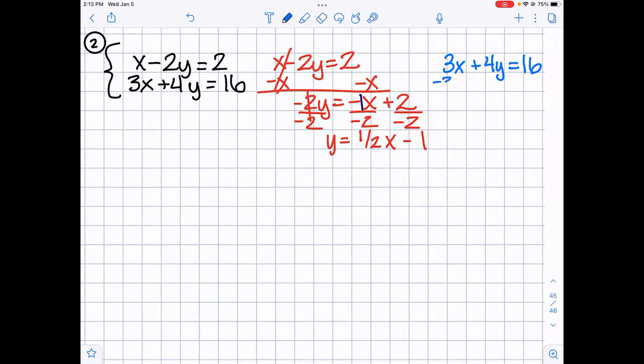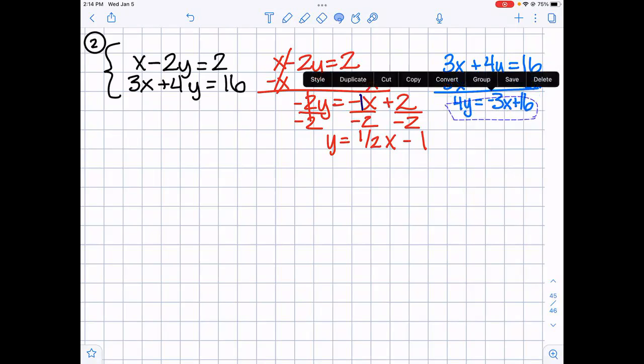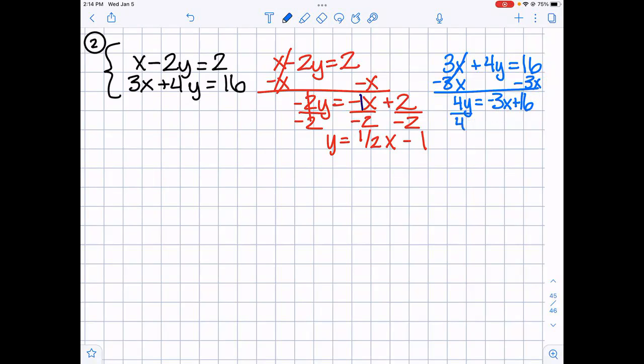Subtract the 3x. 4y equals negative 3x plus 16. What are we going to do next? The 4, we're going to divide. Divide everything. So y equals negative 3/4 x.